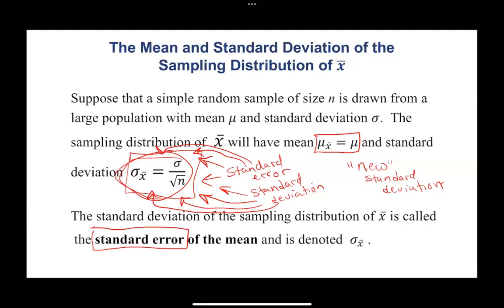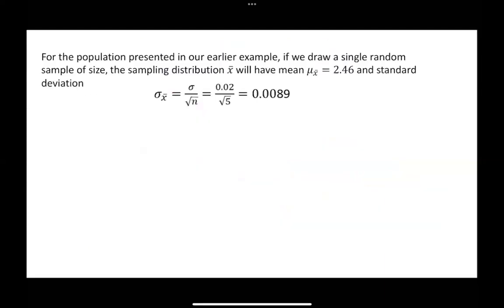We'll move on. Okay, so let's take a look at our calculation. The standard deviation of the population is 0.02. This is the pennies. And we use the sample size of square root of 5. So with our calculations, we get 0.0089.